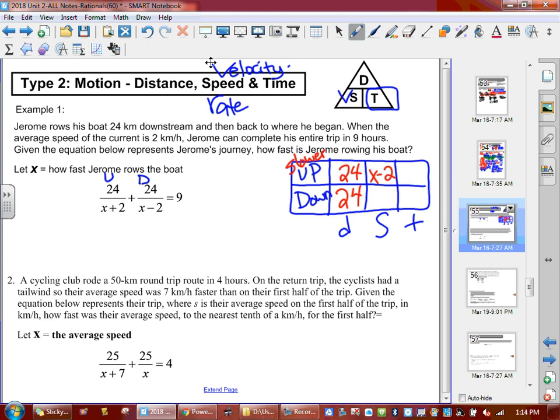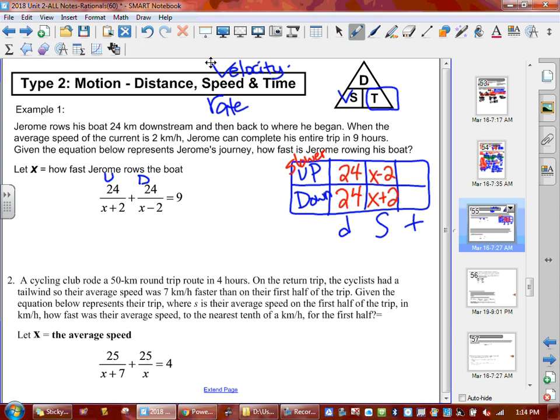Then we're going to do downstream. Downstream goes faster, so we take the speed that he rows his boat and add the current. So it's going to be x plus 2 because he's going faster downstream.